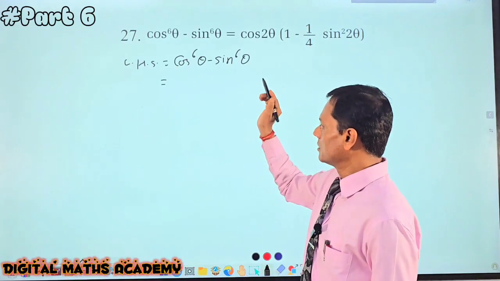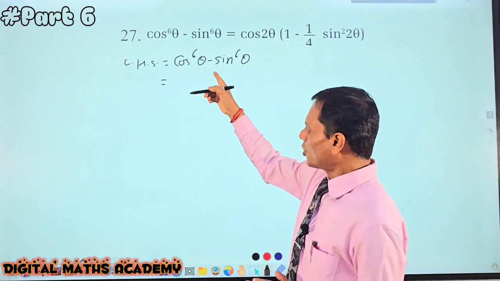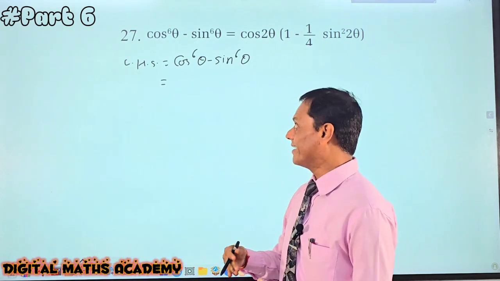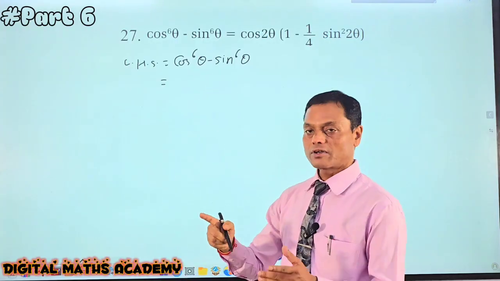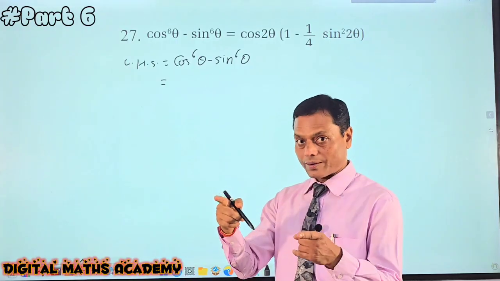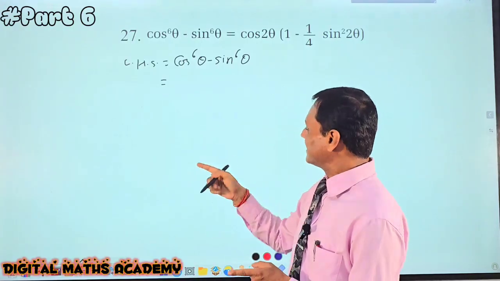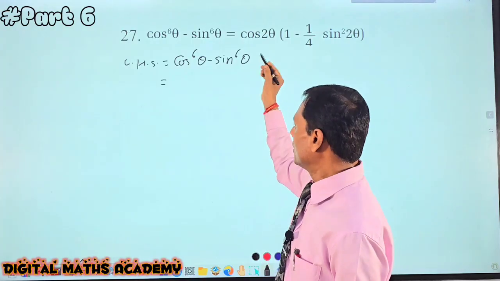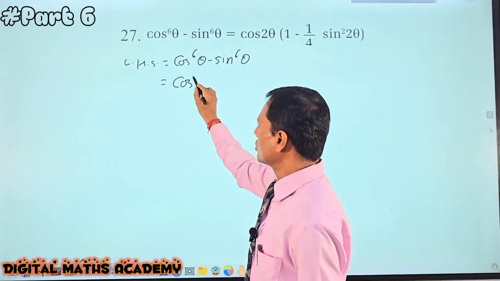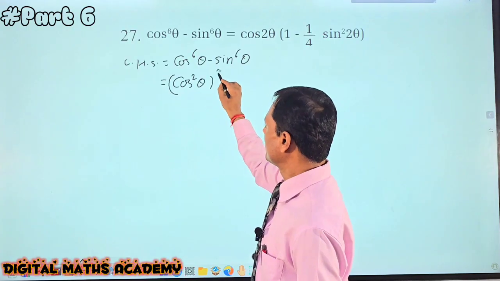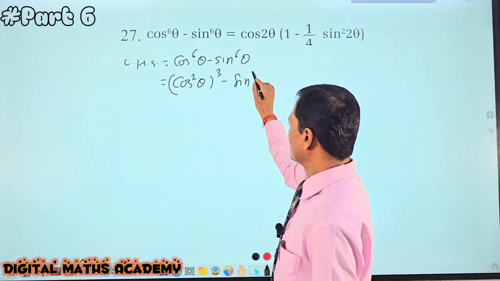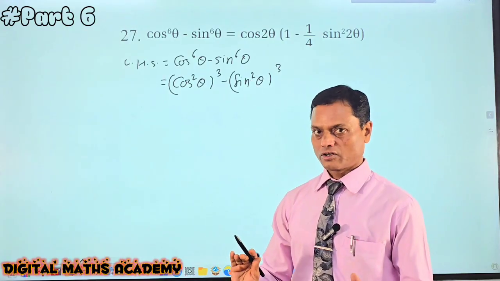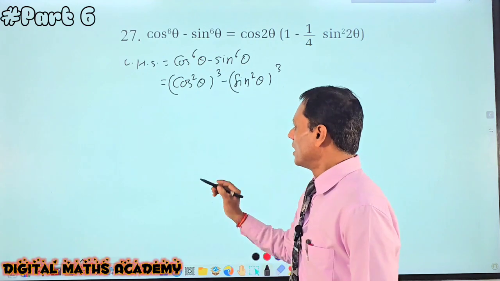The first, we can write cos square theta to the power 3 and sin square theta to the power 3, and another is cos cube theta to the power 2 and sin cube theta to the power 2. But the best one will be to write cos square theta whole cube minus sin square theta whole cube. It will be better for us to apply this method.